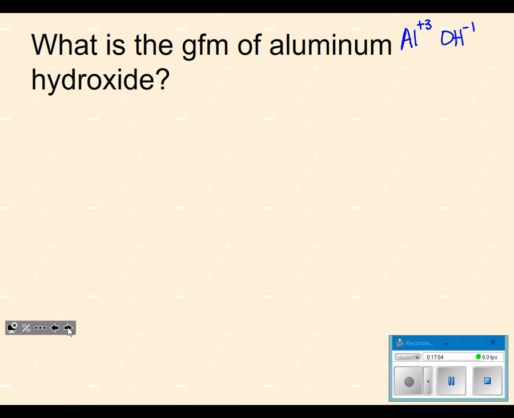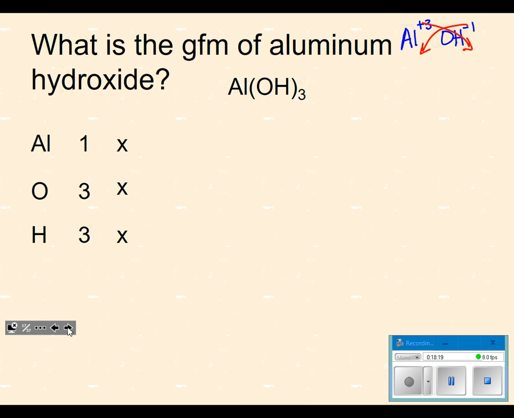So again, when we crisscross those charges down, we get Al(OH)3. Okay? So then our 3 elements are Al, O, and H. We have 1 Al. We distribute that 3 to everything inside the parentheses, so we have 3 O's and 3 H's.